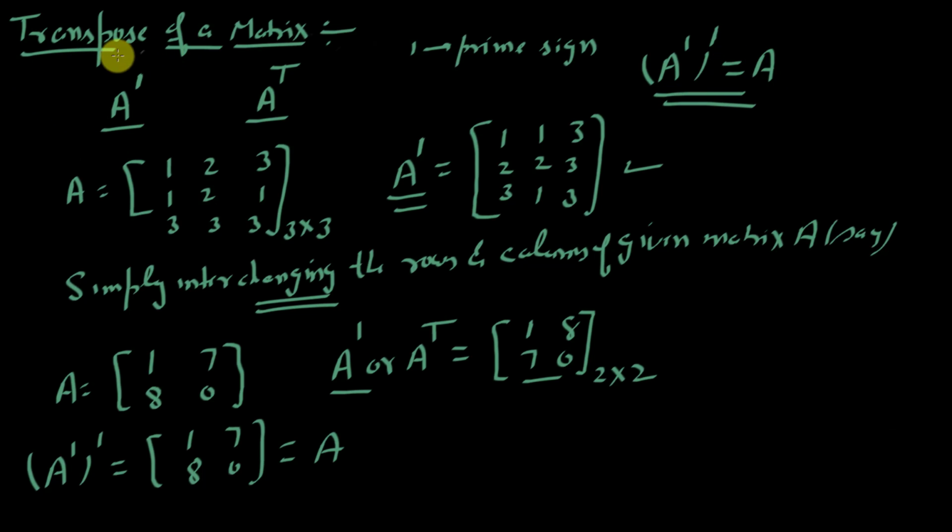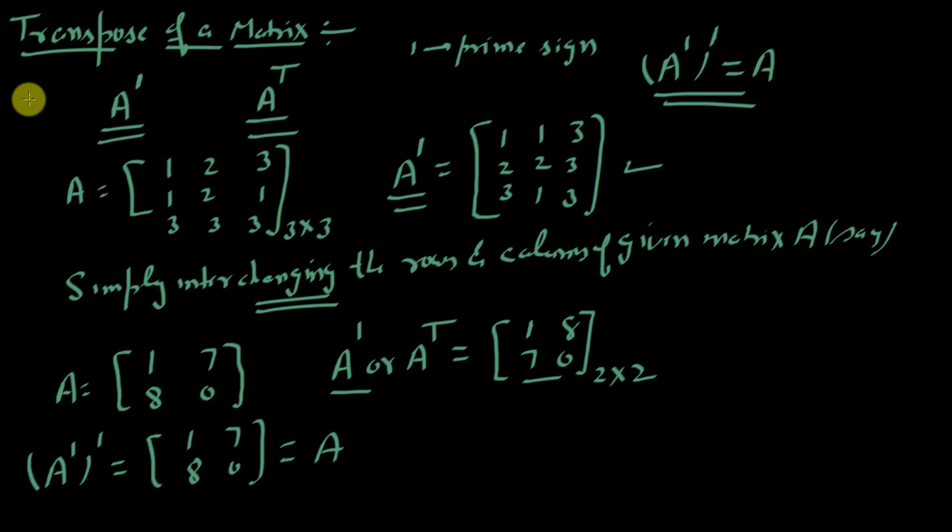So we have studied here what is transpose of a matrix, and it is simply interchanging the rows and columns of the given matrix, and it is denoted by A prime or A transpose AT. So by simply writing the rows in the given matrix as columns of the transpose matrix, we can obtain the transpose of a matrix.